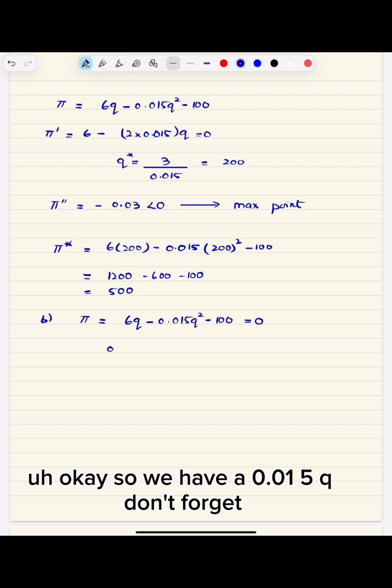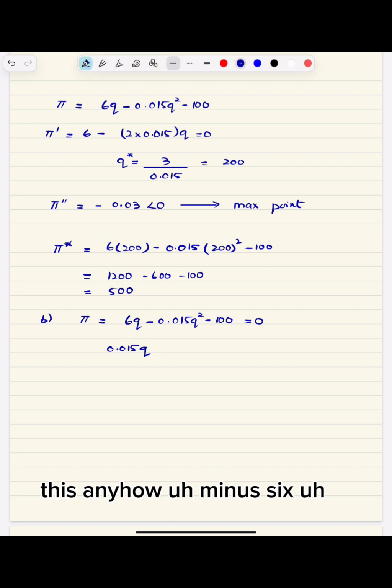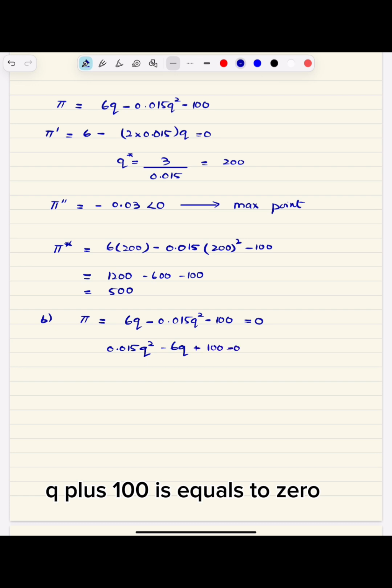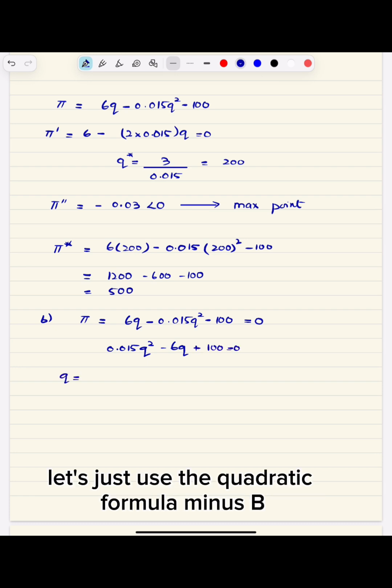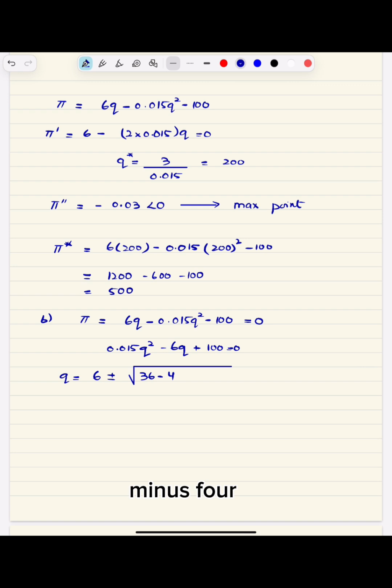Okay, so we have 0.015q², don't forget this anyhow, minus 6q plus 100 is equal to 0. Let's just use the quadratic formula, minus b plus minus square root of b squared, 6 squared is 36, minus 4ac, over 2a.